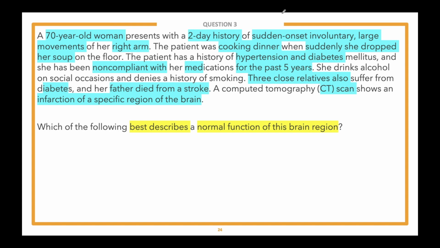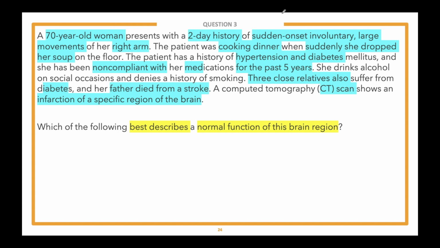Well, I think it kind of depends on how you would look at this question. But I think one, we need to figure out what's going on in this patient, and depending on how you look at it, since we already know there's a region of the brain that has an infarct, you could say, well, number one is what is that brain region affected? And then 2, based off that, what is the normal function of this brain region?